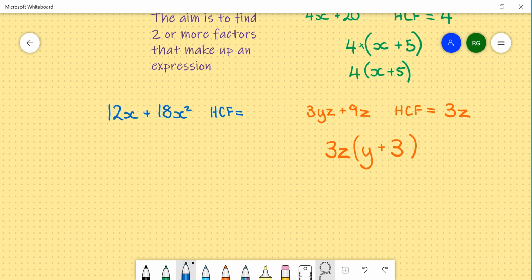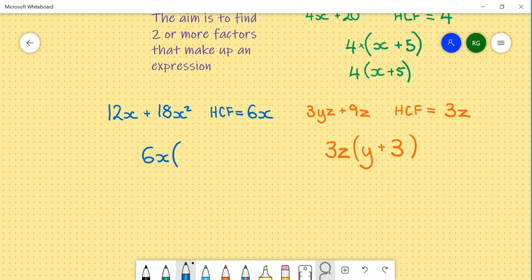This one has an additional element in that it has a squared x, or x squared. So in this case, we look at the numbers first to find the highest common factor. So the highest common factor of 12 and 18 is 6, and an x will go into both x and x squared. So I can write that as 6x outside of the brackets.